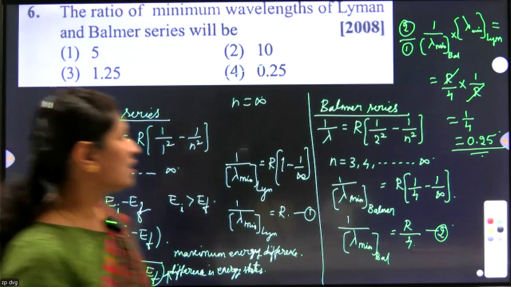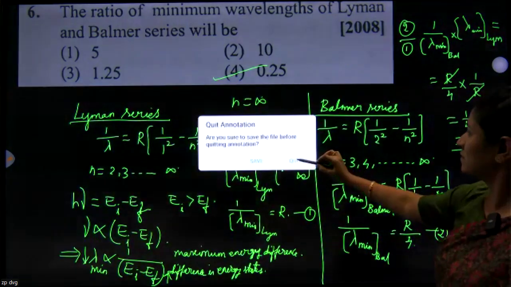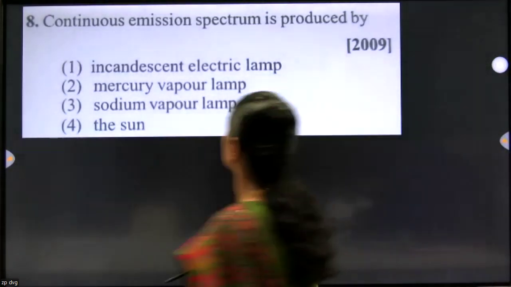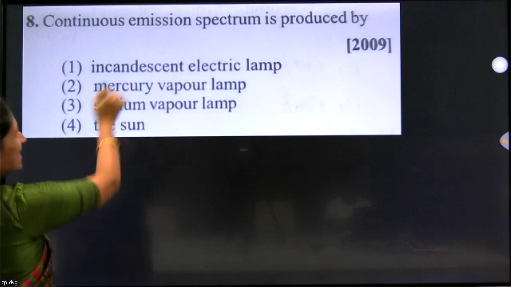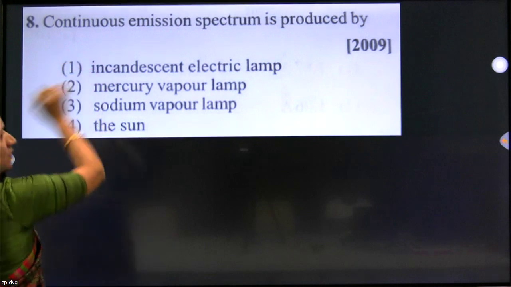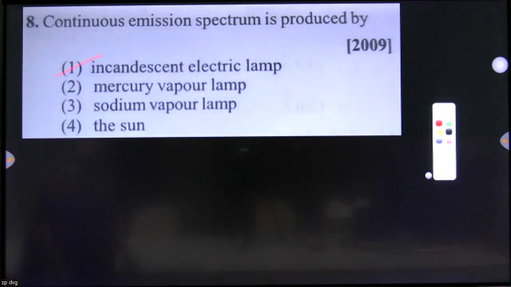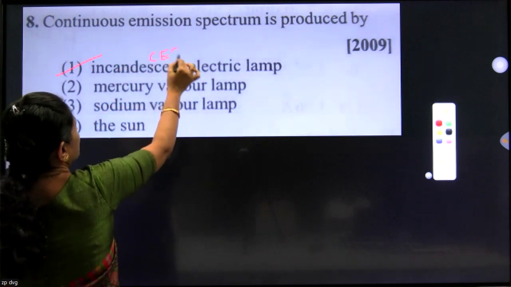Okay, next we can move to the next question. Here they asked which produces a continuous emission spectrum. The first one, an incandescent electric lamp, produces a continuous spectrum.